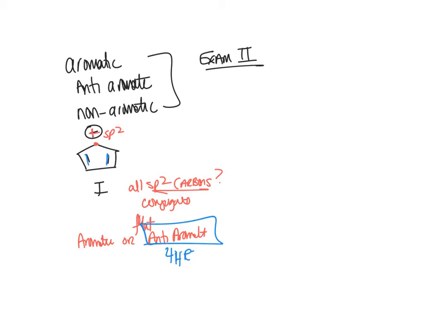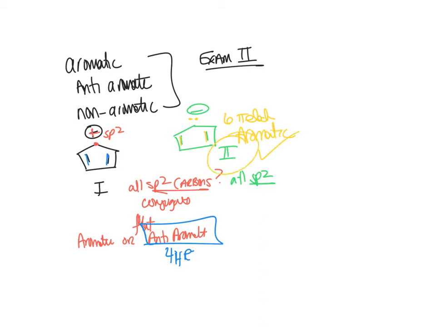Now you go to problem number 2, and these are all sp2 carbons. Okay, so it's conjugated, and you have 1, 2, 3, 4, 5, 6. So you have 6 pi electrons. So folks, that's going to be aromatic. Okay, so 2 is aromatic.